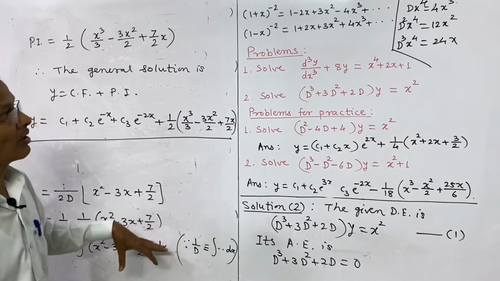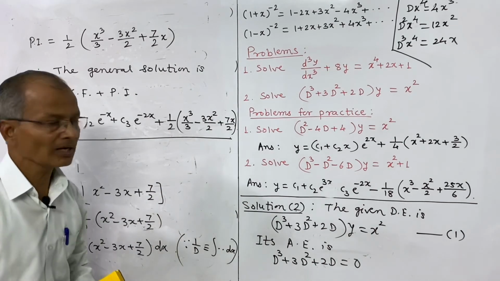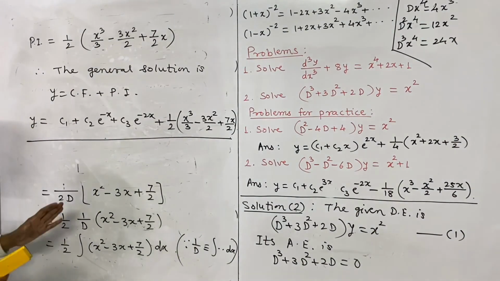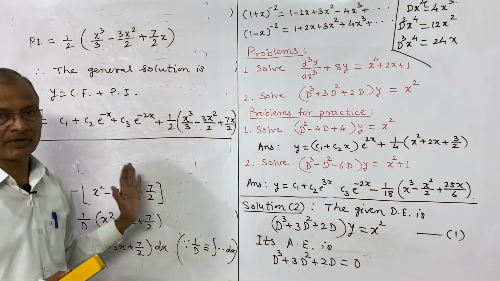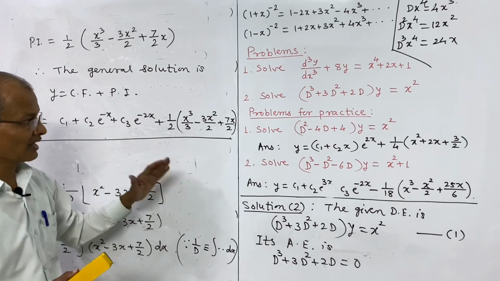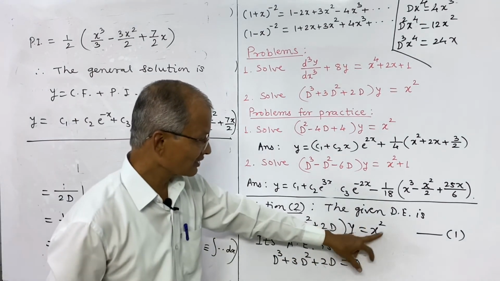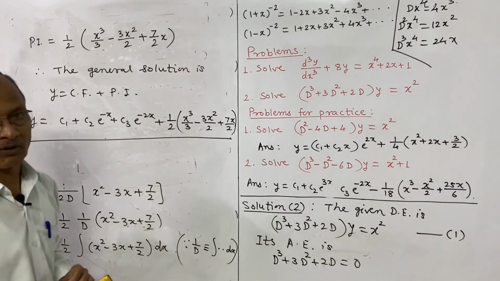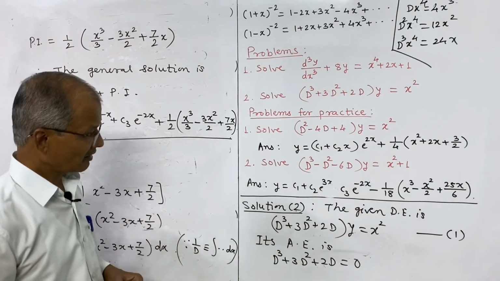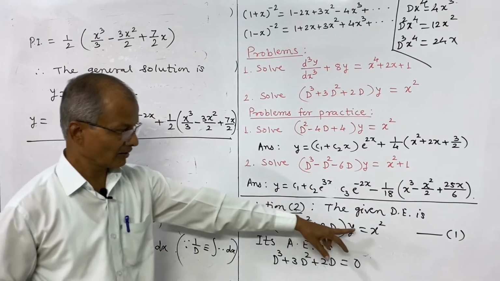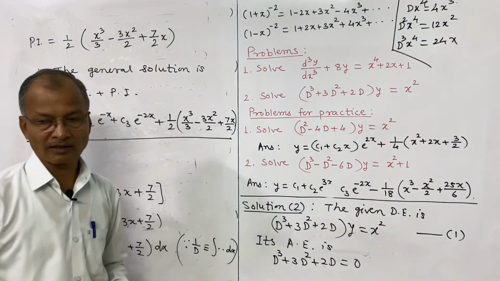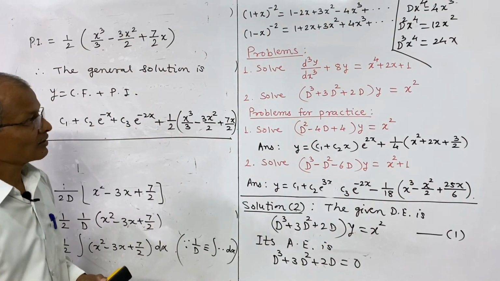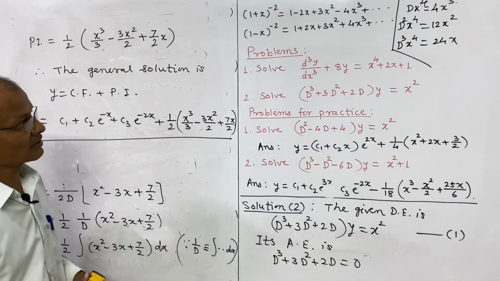Use the binomial theorem or the formulae that we have written to expand, and expand it up to the power of D as m, if x power m is there. Here it was second power, so we have expanded the term up to second power of D, and then operating it on the right side, we get the required particular integral. So in this way we can solve the problems on it.